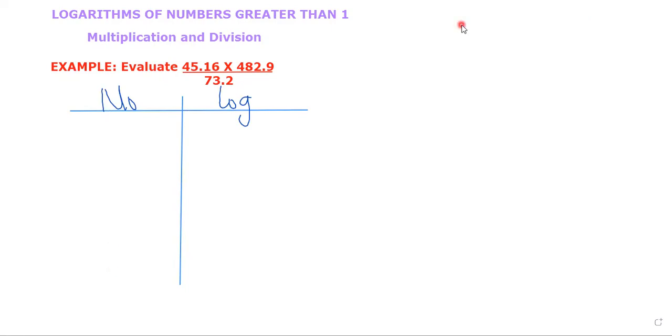I'm going to start by writing 45.16 here. Now let's find the logarithm of 45.16.